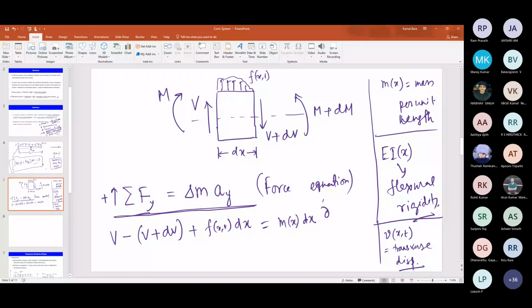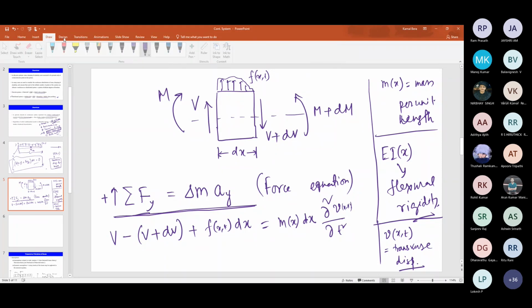What is acceleration? Del 2 v by del t squared. I am not writing v(x,t) here; it is understood that v is a function of x and t. Clear? Any doubt with this equation? We have not finalized it, it is just the force expression. Clear?